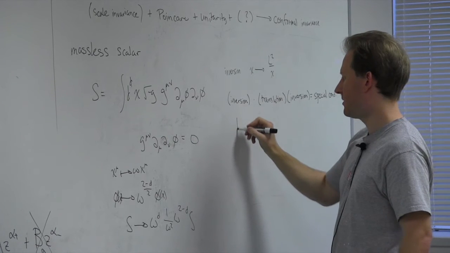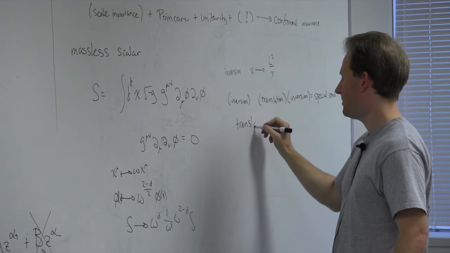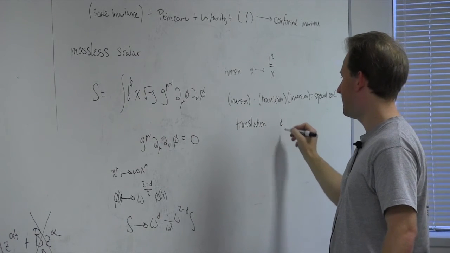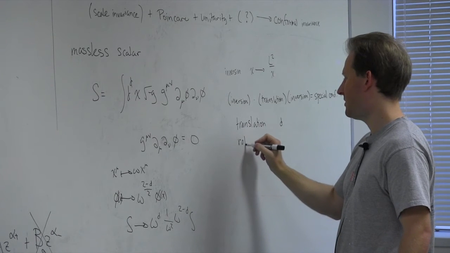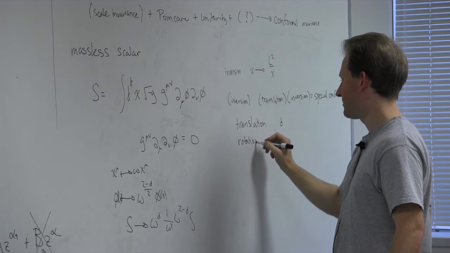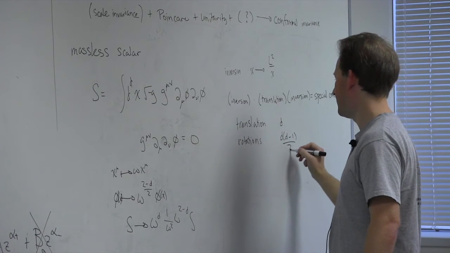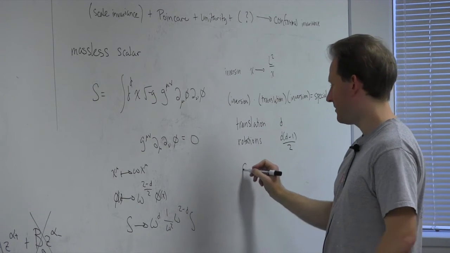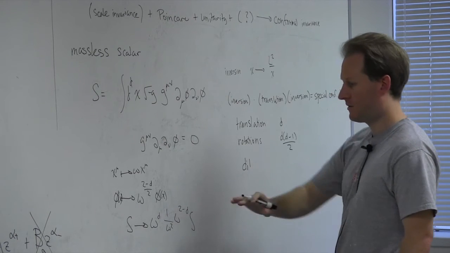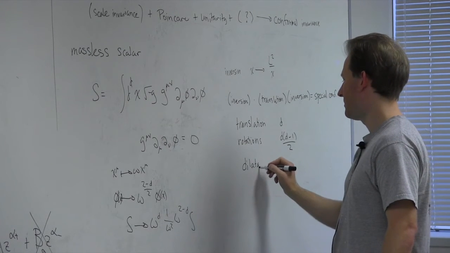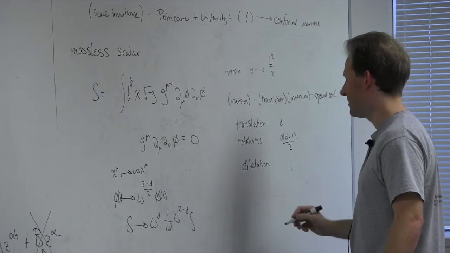So just counting the symmetries, I have translations. In d dimensions, I have d of them. I have rotations and boosts, so that gives me d(d-1)/2. And then I have my dilatation, or scaling. There's just one of those.